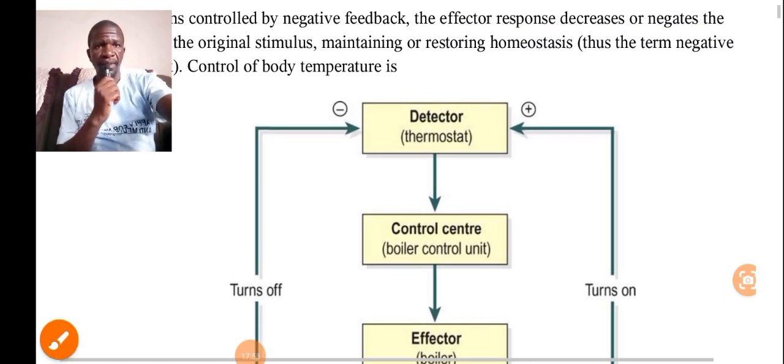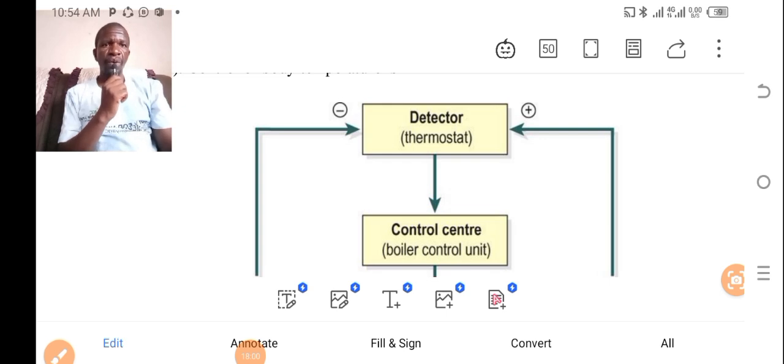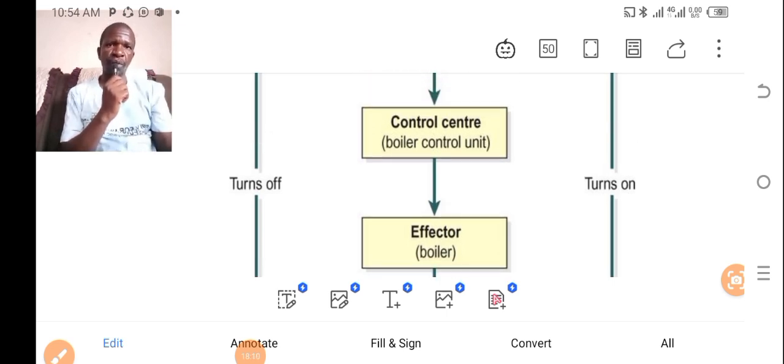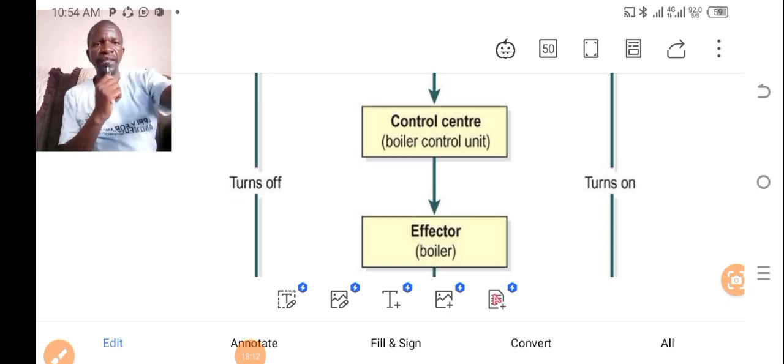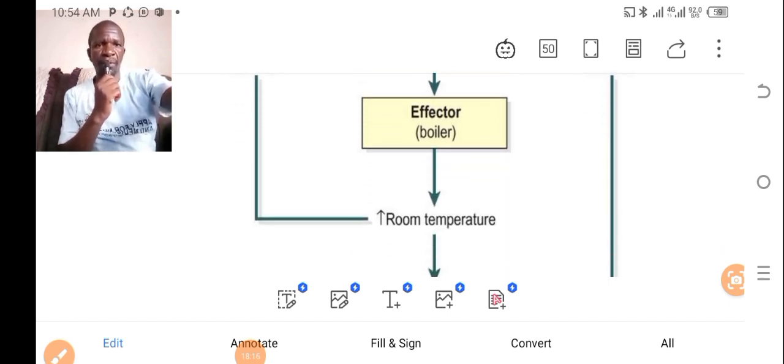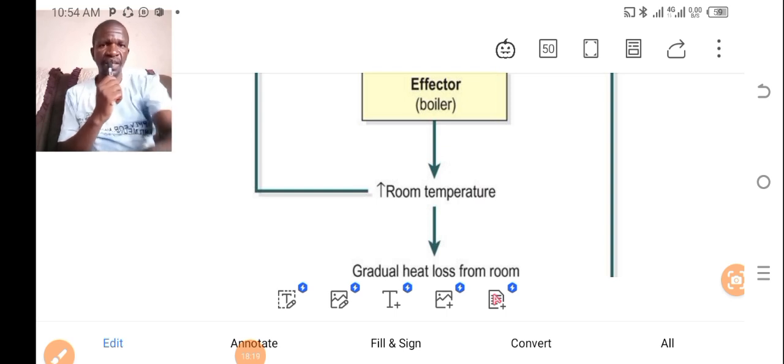When the control center sees that the temperature is way too low, it will interpret or integrate the information and send signals to increase the temperature to the effector, which is the boiler. So the boiler will increase the temperature.